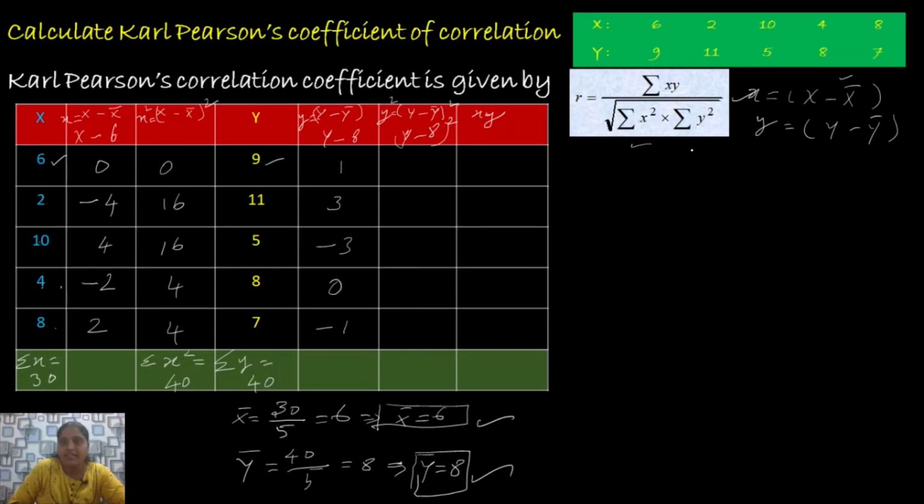And we need the value of sigma y square. So by squaring these values we get 1 square 1, 3 square is 9, minus 3 square plus 9, 0 square 0, minus 1 square plus 1. So by adding all these values we get sigma y square is equal to 1 plus 9, 10, plus 9, 19, plus 1, 20.